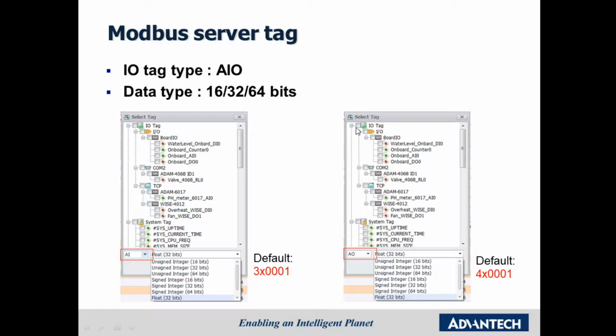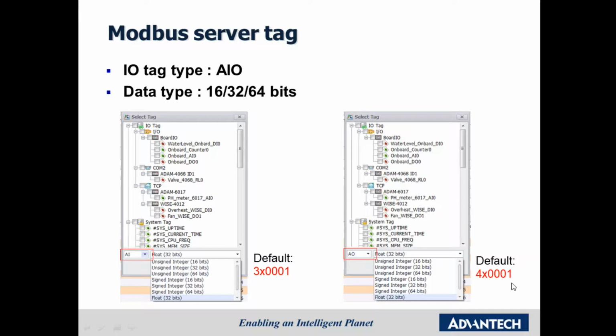For example, the address has default 3x0001 and you need to change it to 3x000 whatever based on your request, and so on. For the AO tag, default is 4x0001.